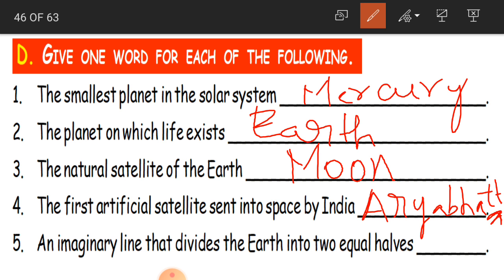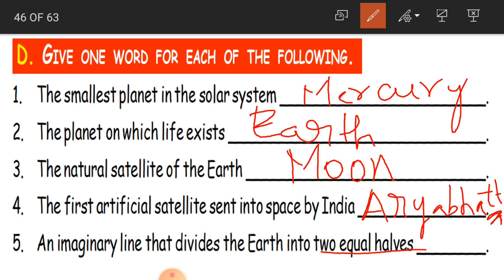And the fifth one is an imaginary line that divides the earth into two equal halves. We have another imaginary line on the earth which divides the earth into two equal halves, as the northern hemisphere, the upper part, and the southern hemisphere, the lower part.